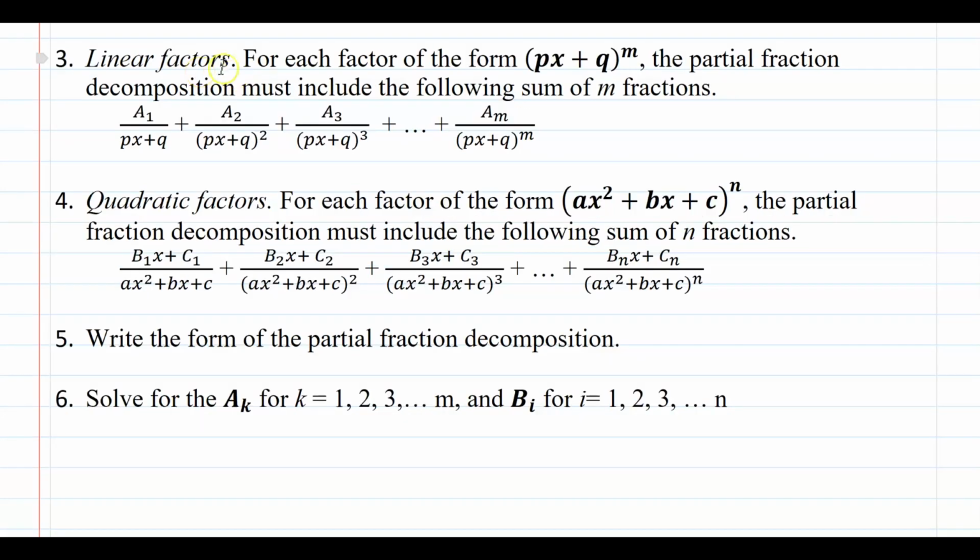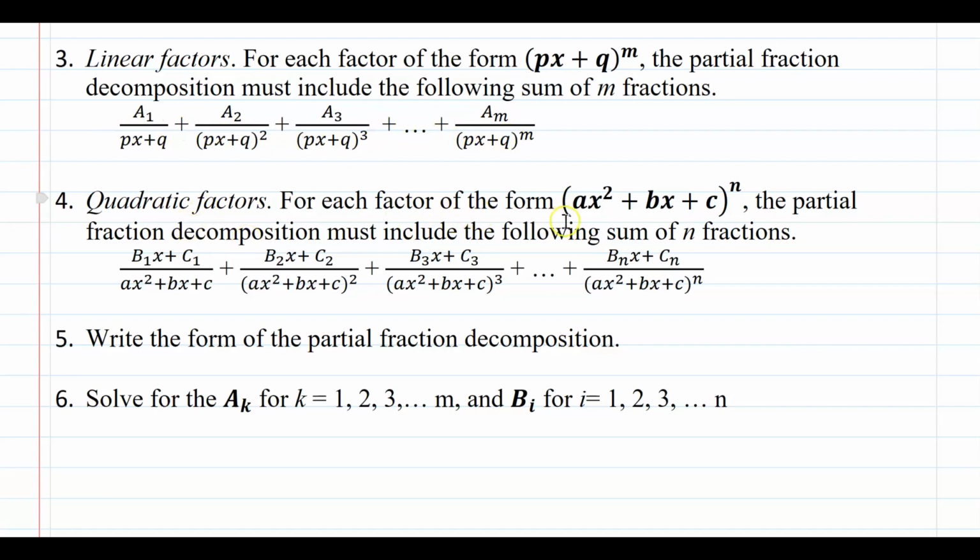Step number 3. For each factor of the form (px plus q) raised to the power m, the partial fraction decomposition must include the following sum of m fractions. So if you have a factor of this form, then the partial fraction decomposition will be written as a sum of m fractions like this.